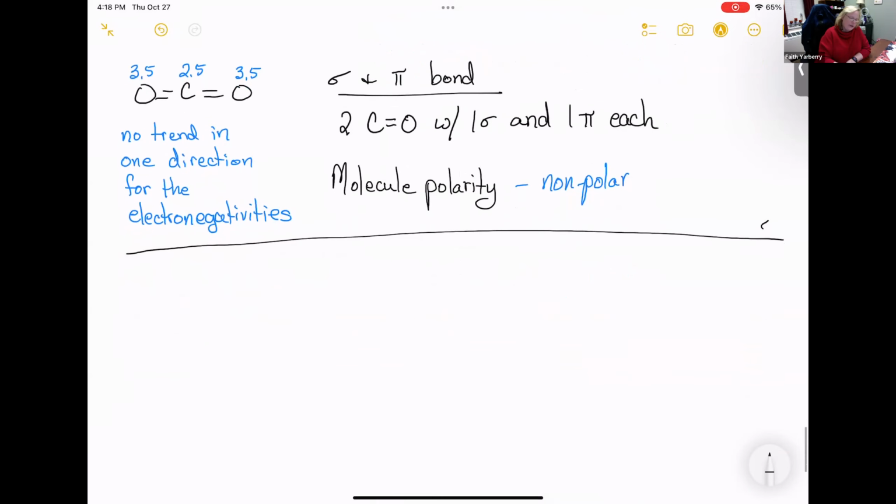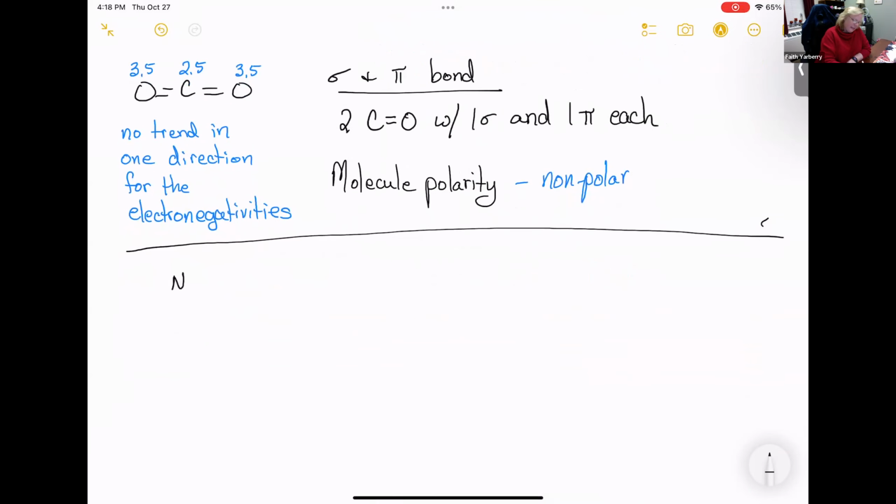Let's look at another example. Let's look at ammonia. Ammonia has one nitrogen and three hydrogens. Nitrogen is in group 15, the last digit of 5. Hydrogen in group 1, the last digit of 1. The nitrogen contributes 5, the hydrogens contribute 3 for a total of 8 valence electrons.